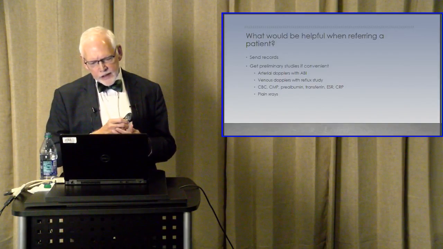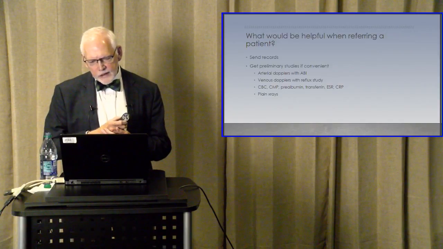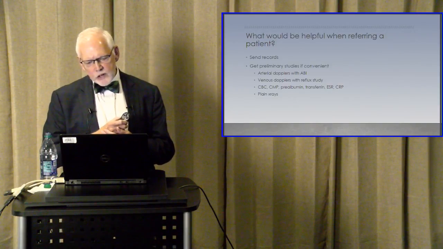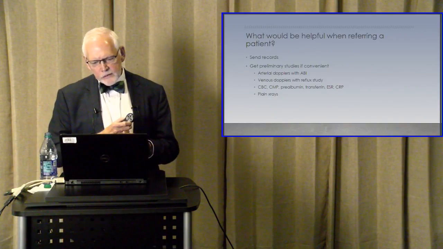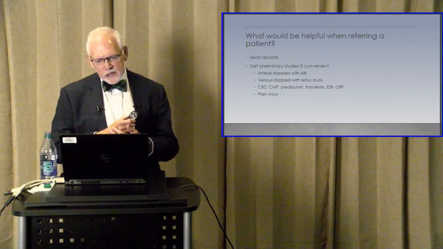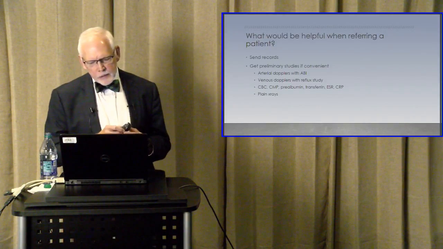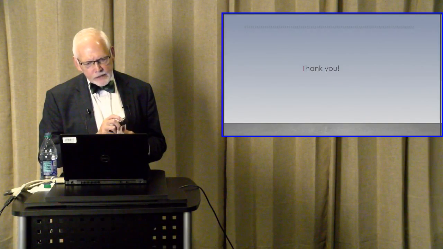And then you can get labs. You can include some labs that look at the question of whether they're malnourished or not, like prealbumin and transferrin. If there may be osteomyelitis going on, you can go ahead and get a SED rate and a CRP. Plain x-rays don't hurt. And I think that's it.